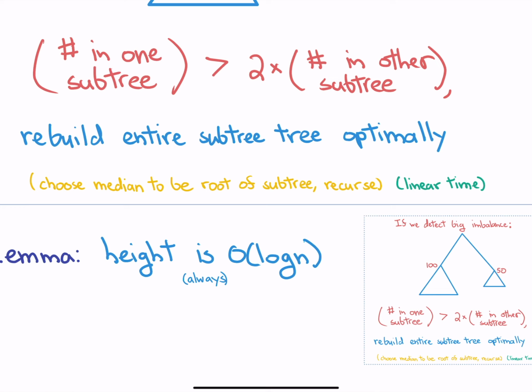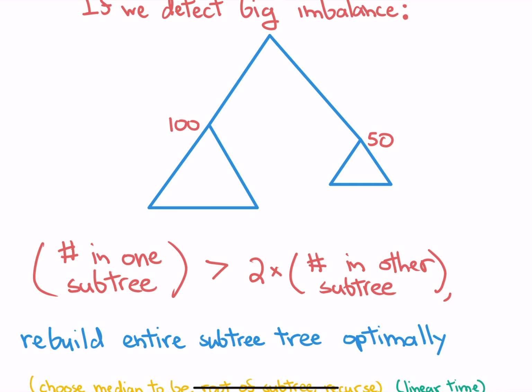So why is that height at most log n? As long as I'm making sure that any two subtrees are within a factor of 2 of each other. So the claim is that as long as I implement this simple rule, the height is at most log n.